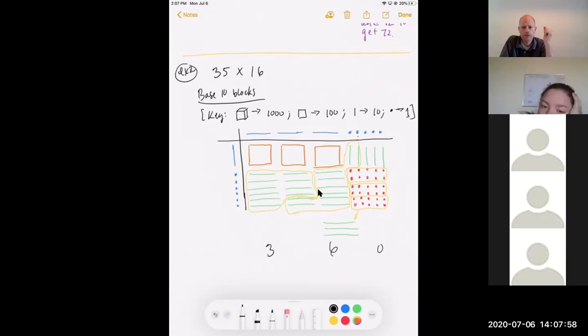Don't our 2 groups of rods turn into 2 flats? Oh, yes. I did group them together. Thank you for catching that. So I really don't have 3 flats, I have more than that. These rods, when I group 10 of them together, become a flat.